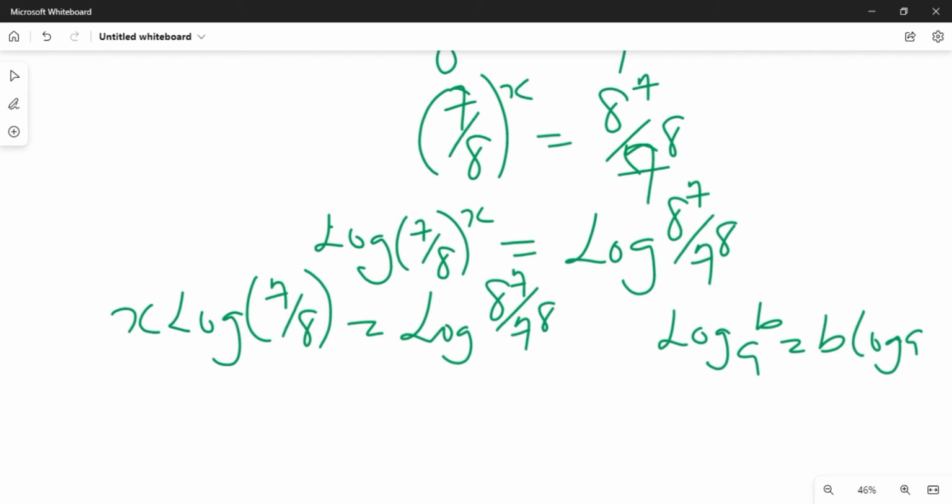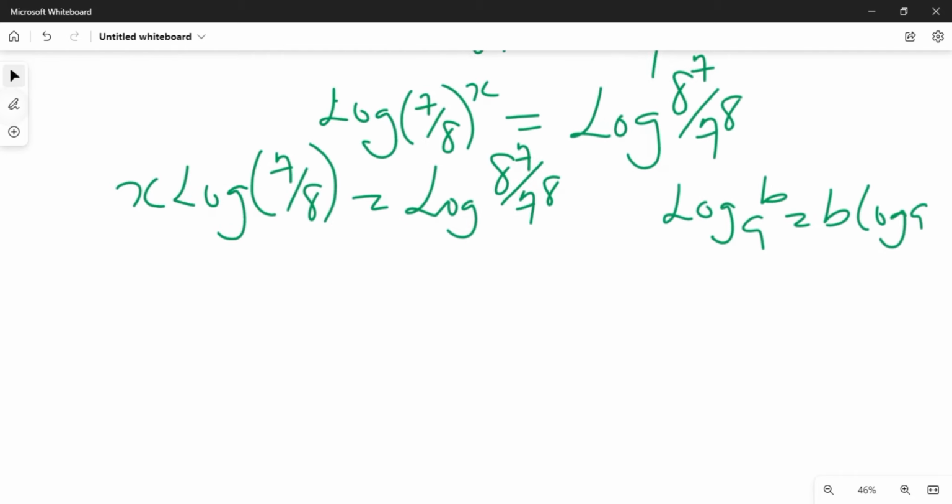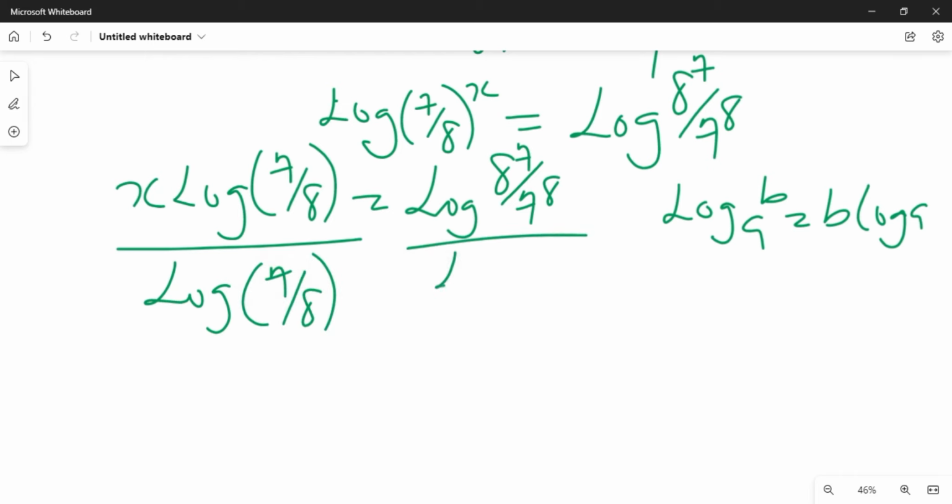So what do we do further? We'll divide both sides by log of 7 over 8. To divide both sides by log of 7 over 8, we have here to be divided by log of 7 over 8, and this will be divided by log of 7 over 8.